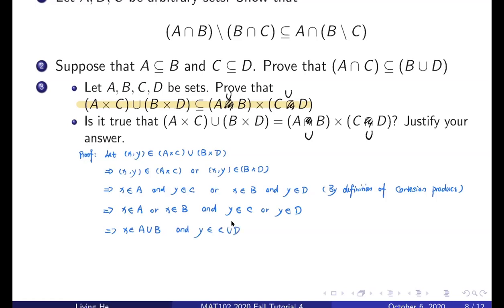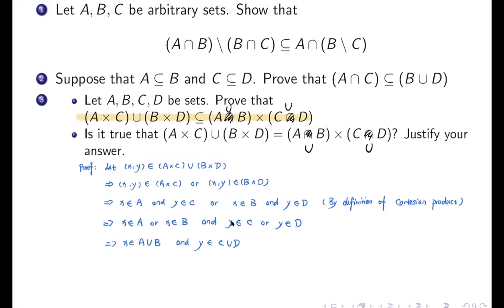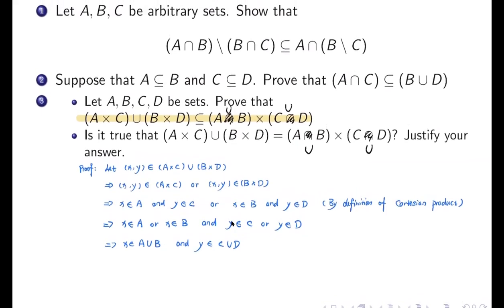Is it important for the proof? A intersect B minus B intersect C. Oh, you mean question 1? You mean this question? Oh, this, I mean, it's pretty important. It's one of the quiz questions as well.